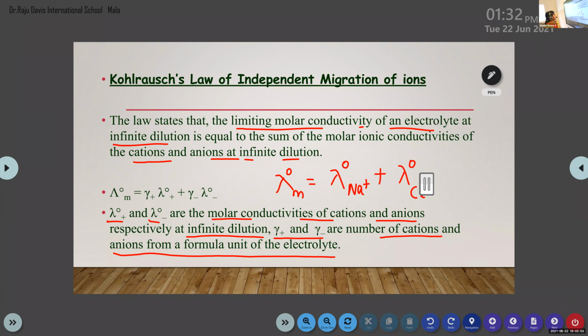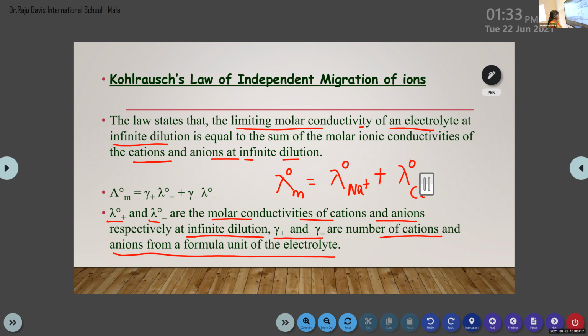So that's about Kohlrausch's law. The law states that the limiting molar conductivity of an electrolyte at infinite dilution is equal to the sum of the molar ionic conductivities of the cations and anions at infinite dilution. So lambda m0 is equal to nu plus lambda plus 0 plus nu minus lambda minus 0.